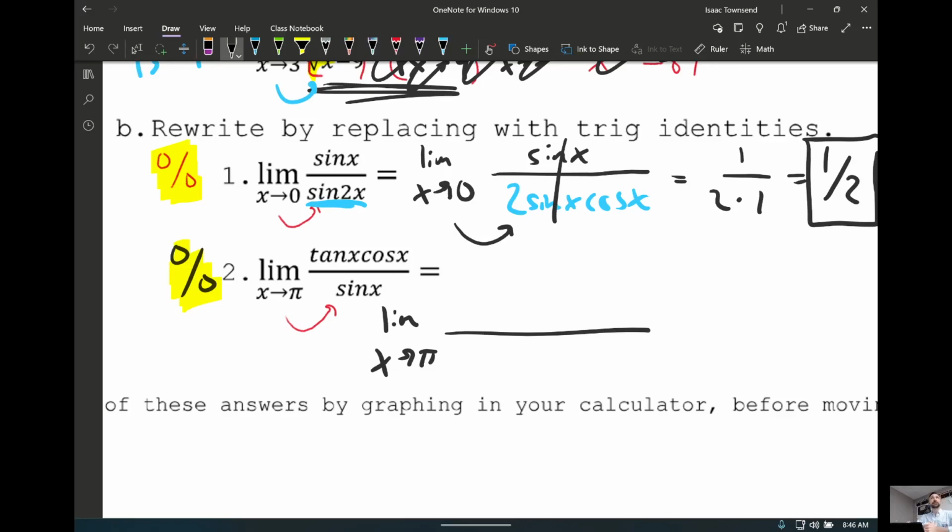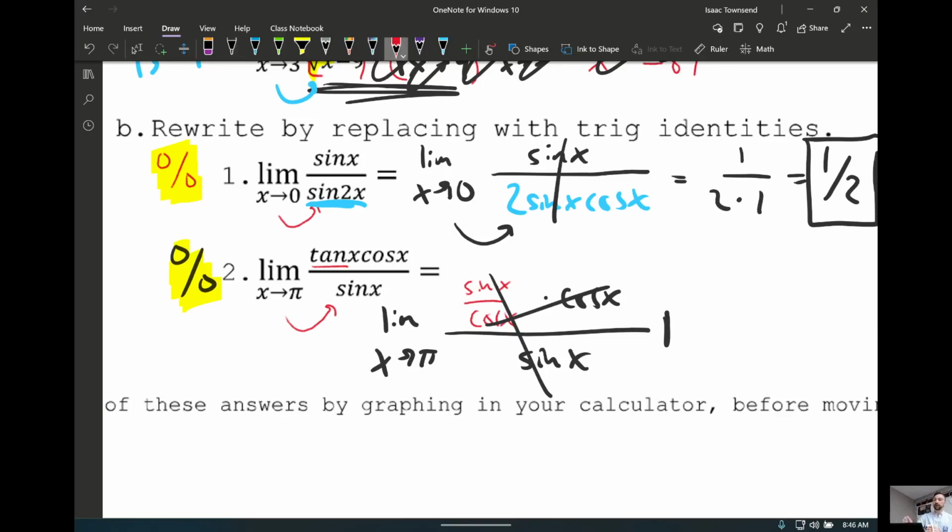So the real reason we did that and put you through that last semester is to make this a tiny bit easier. So what I would probably try is maybe change tangent into sine over cosine. Then I can see that the cosines are going to cancel, and then the sines are going to cancel, leaving me 1.